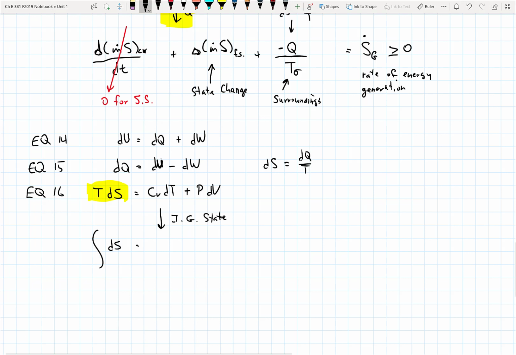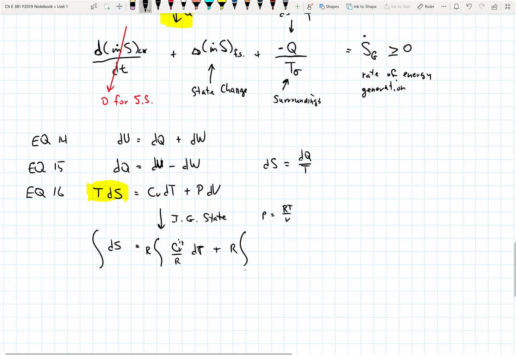So the integral of dS is equal to the integral of, I'm going to pull the R out, and it's going to be CV IG over R in the integral, and then plus dT plus the pressure is going to be R. So for the ideal gas state, the pressure is RT over V, right?